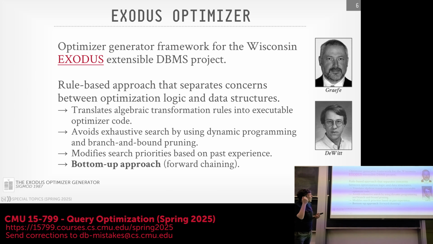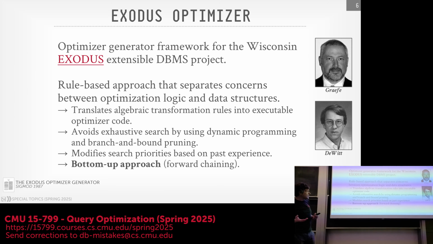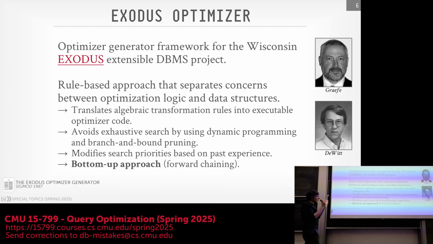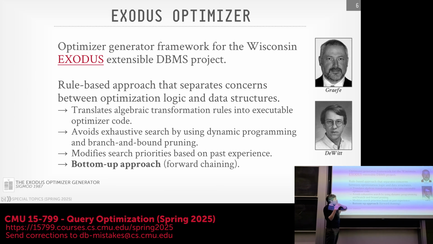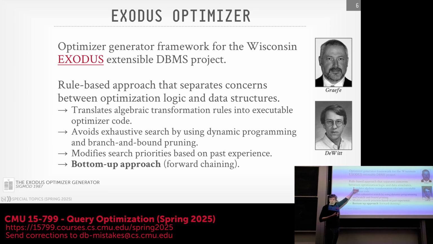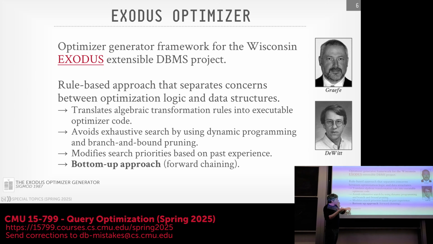So again, what Exodus is going to do is separate the logic we implement in our query optimizer to do the transformations from a logical plan that's coming out of our parser and binder, and then produce a physical execution plan that we can actually run. We're going to keep those things separate, as well as the data structures we use on the inside to maintain all of this.